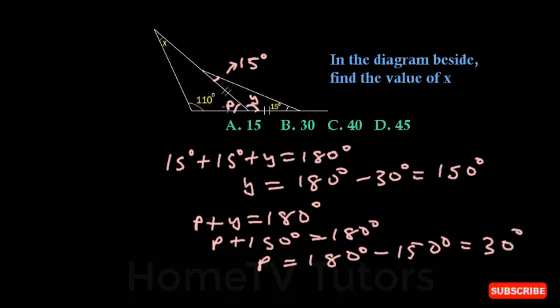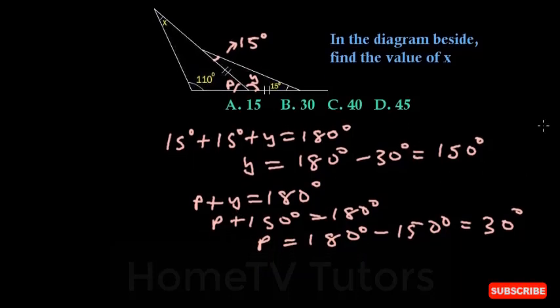So now that we have P as 30 degrees, we can now find the value of x. The sum of angles in a triangle, that is x plus 110 degrees plus 30 degrees is equal to 180 degrees.